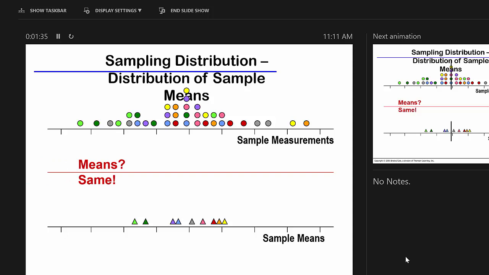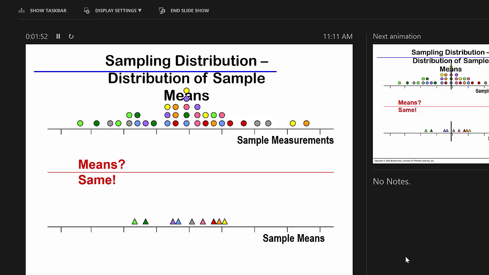So what happens? I started actually getting 2 different distributions, right? 2 different distributions start to form. On the top I have my population, every single can measured individually. At the bottom I have my sample means, how they are distributed.